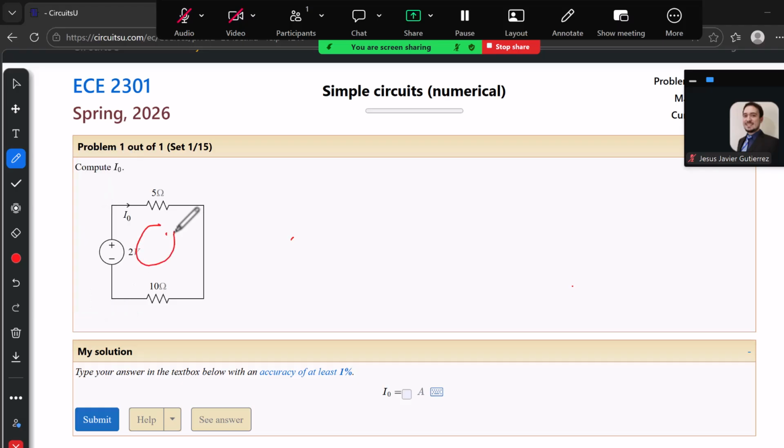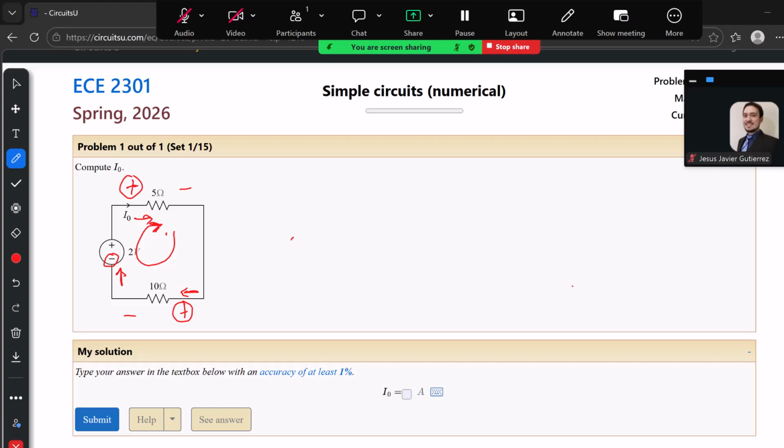Now that we know the current flows clockwise, we can assign plus and minus charges to the resistor such that the current enters the positive terminal. Then the current on the source will enter the negative terminal because it's providing energy. This may not always be the case, but as long as you stick to the convention, you will have the results no matter what.